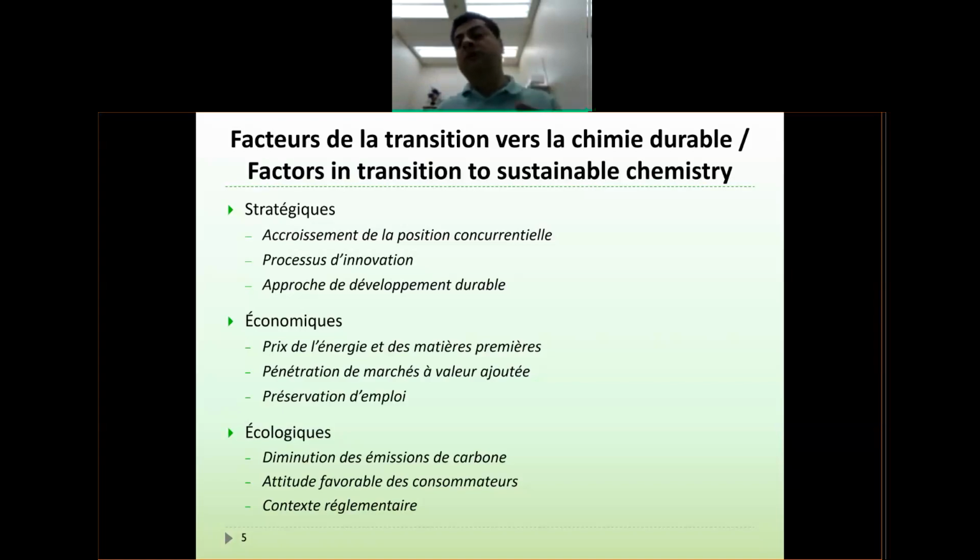You know, some countries want to always be the first. So all these kinds of politics impact the growth and the rate of transition from, for example, petrochemical based chemicals to bio-based chemicals. So these are the parameters that impact.